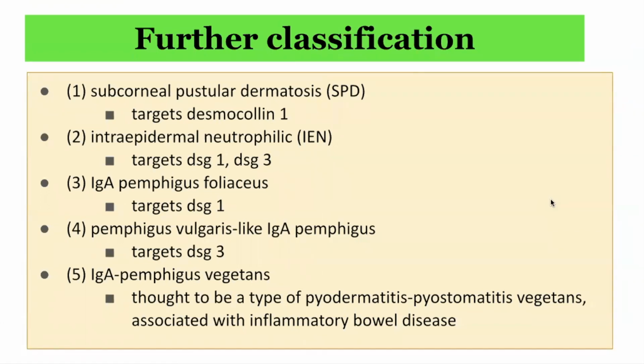There is also IgA pemphigus foliaceus, which targets desmoglein 1, a pemphigus vulgaris-like form of IgA pemphigus, which targets desmoglein 3. And finally, IgA pemphigus vegetans, which is thought to be a type of pyodermatitis vegetans associated with inflammatory bowel disease.